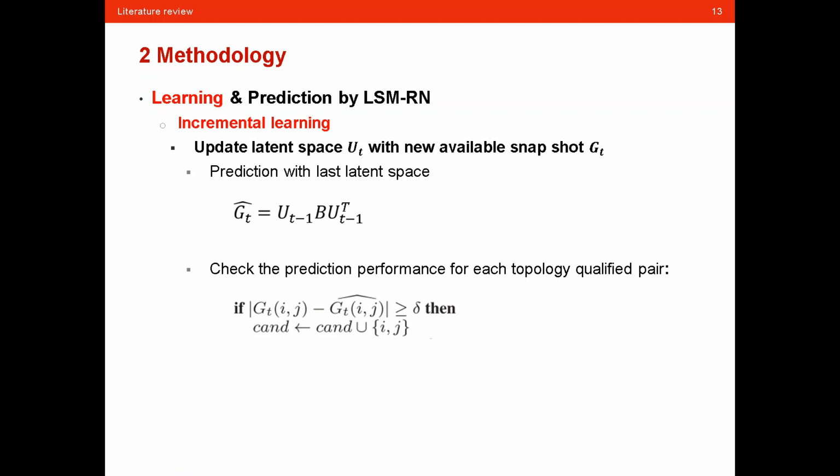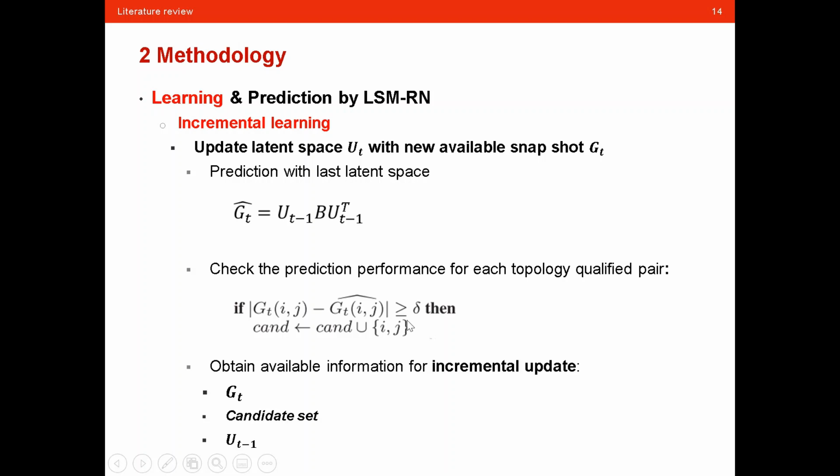And then we check whether the error is too large to bear. We collect the element index if the error is larger than a set threshold. After this procedure, we obtain the new graph snapshot, a candidate set, and an old latent space matrix, and then we can do further incremental learning based on these three elements.